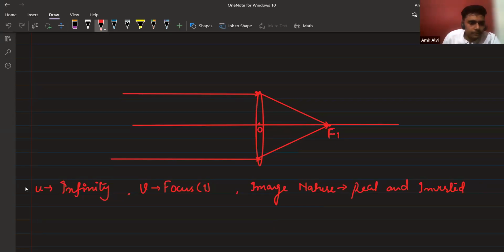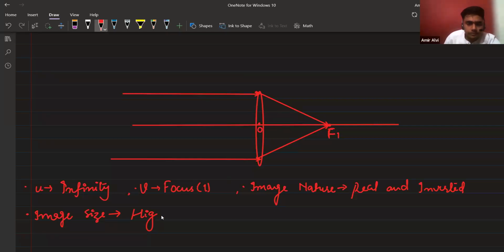Next thing, this is V. This is image size. Image size is highly diminished. Why? It's a point-like thing. All rays are merging at the focus.